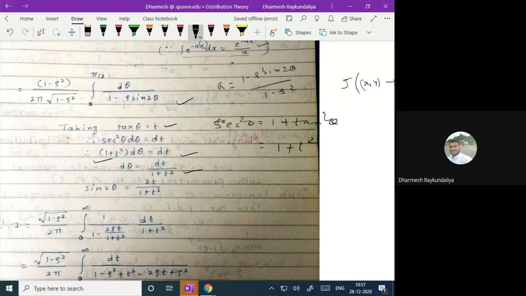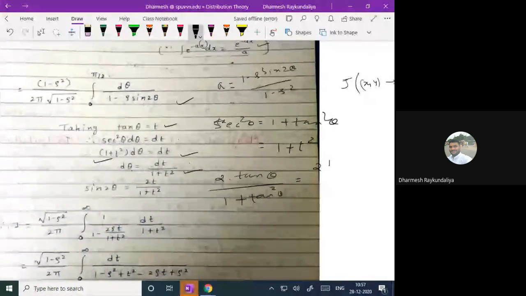Now, why have I written sine 2 theta equal to 2t by 1 plus t square? You can just write 2t, where t is equal to tan theta, over 1 plus tan square theta. So 1 plus tan square theta is sec square theta, and sec square theta is 1 upon cos square theta.